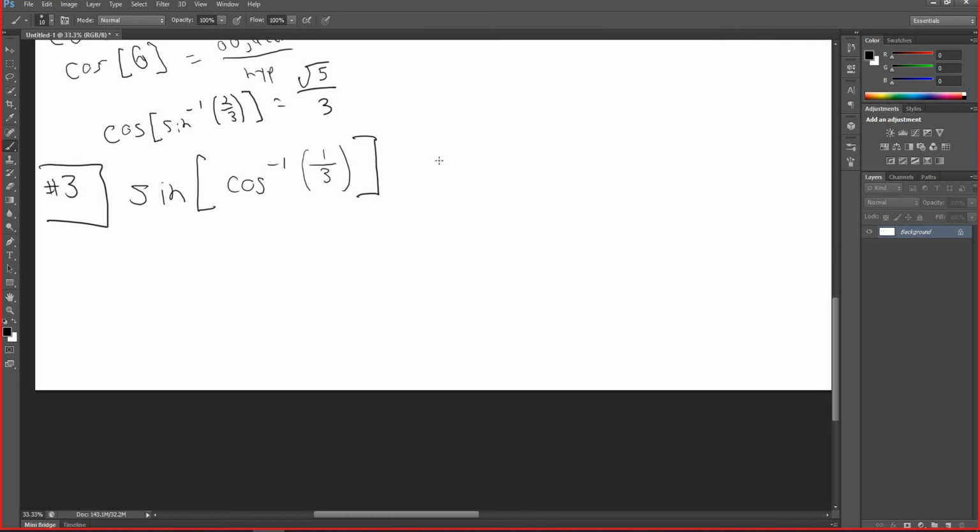So to recall, we know we're going to have an angle that is between 0 and pi from cosine inverse. Okay, so our first question is always going to be what quadrant is 1/3 in?